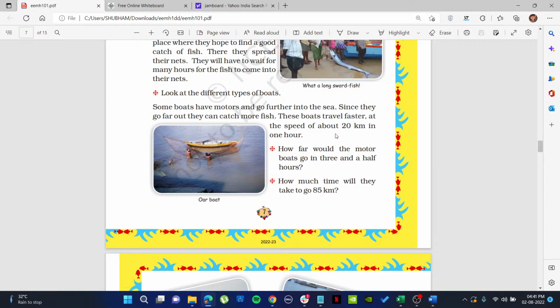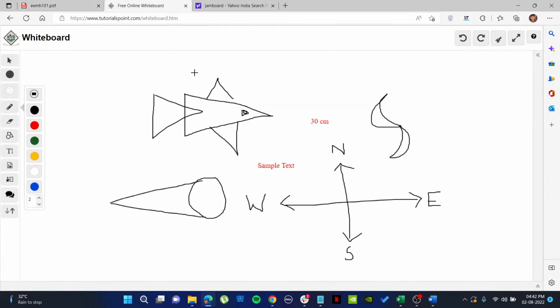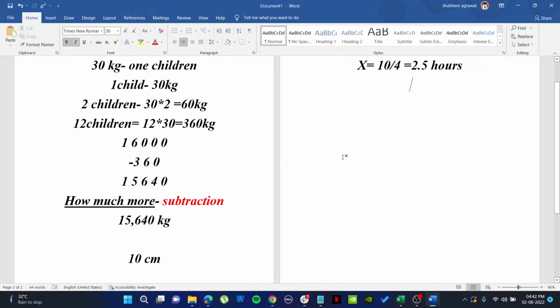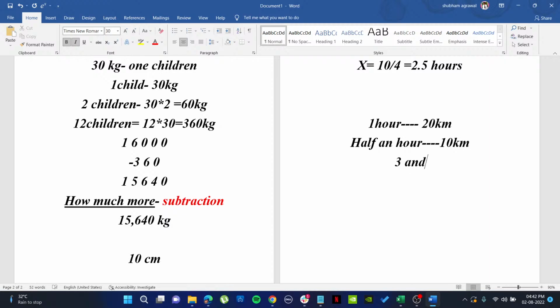So half of 20 is 10 km. For half an hour, the boat is covering 10 km. And we need to calculate for 3.5 hours.